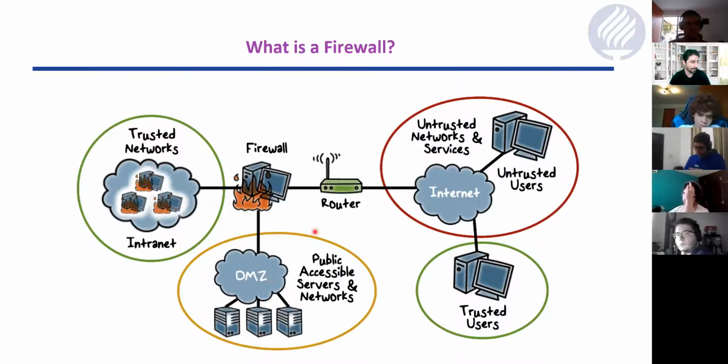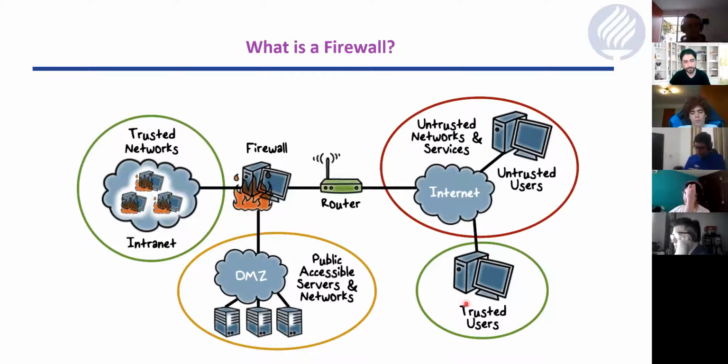It can be in the DMZ, or you can call it publicly accessible servers and networks. Of course, you will protect your trusted networks by firewalls, as well as your DMZs. If you see this fire thing, this is a firewall. But you can have even firewalls inside the servers themselves in your trusted networks.